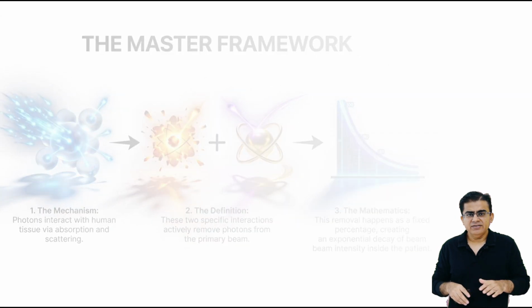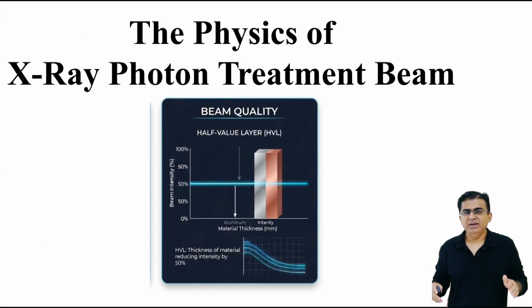Mastering this entire framework is your first big step as a radiation oncology resident. It allows you to deeply understand how radiation behaves inside the human tissue. In our next section, we will use this solid foundation to learn about beam quality and beam hardening.